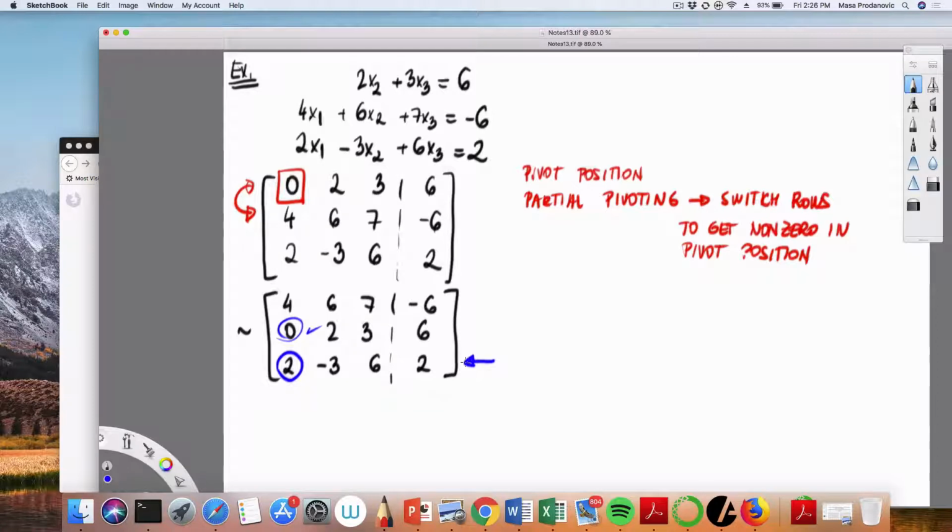I want to replace my third row with a linear combination of first row and third row in order to get a 0 here. 2 times what? Row 3 minus, that works. Don't be afraid, that works.